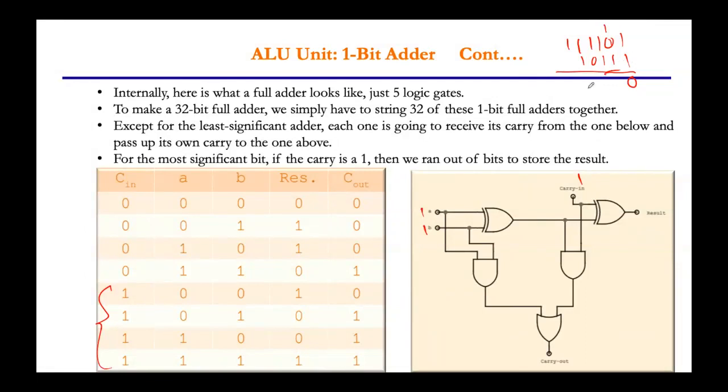So in this operation, you can see now for this column A is 0, B is 1, and your carry in is 1.